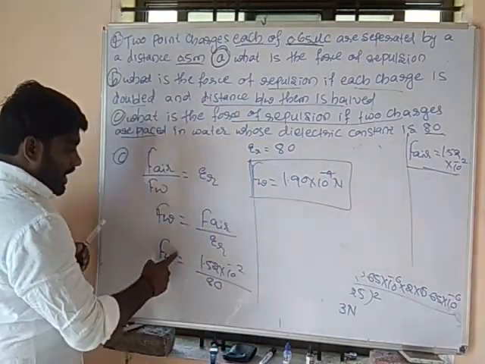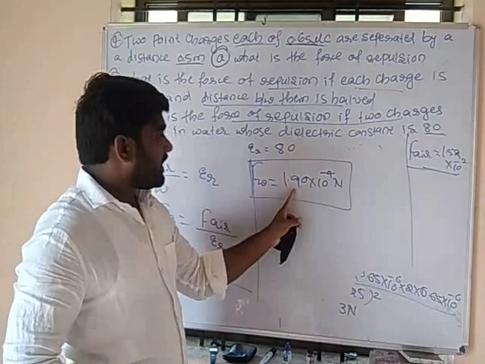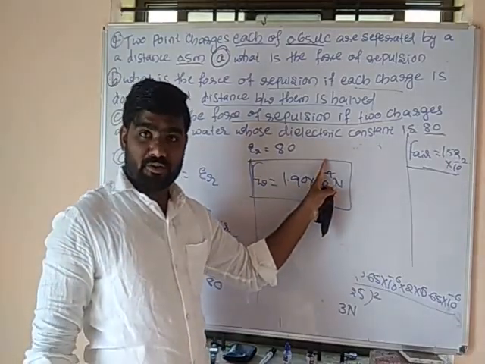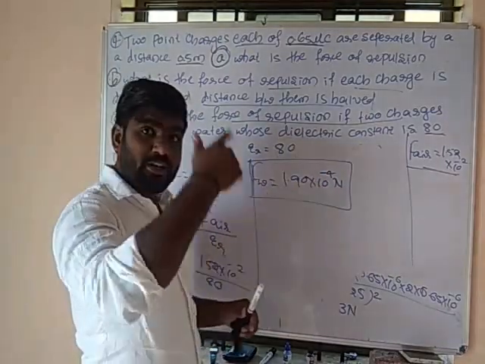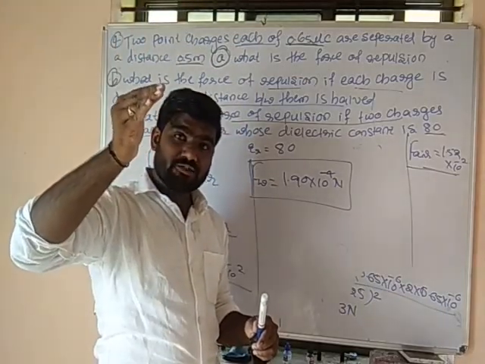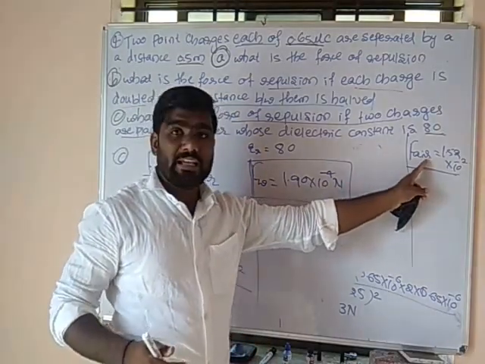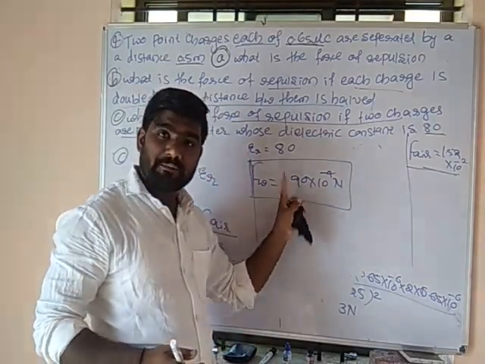Then in water, it will be 1.90 into 10 to the power minus 4. Minus 4, as we are going in the negative direction, it decreases. 10 to the power minus 2 is greater than 10 to the power minus 4. Like this, F in air is greater than F in medium.